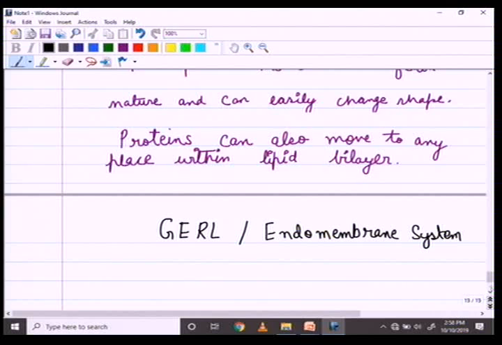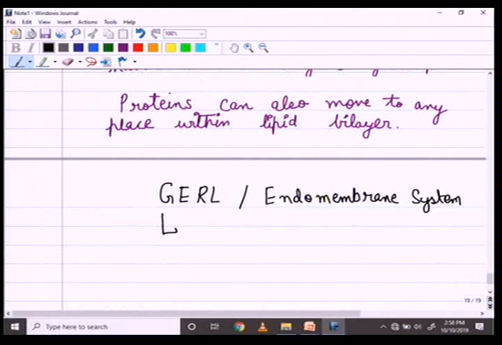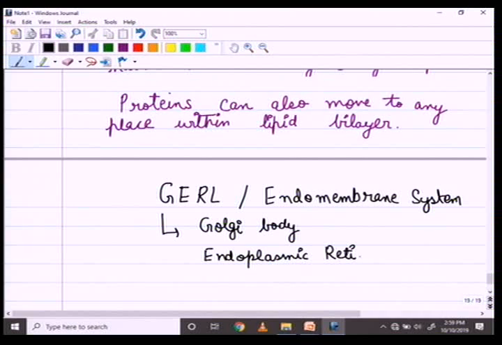GERL refers to Golgi body, endoplasmic reticulum, and L stands for lysosome.